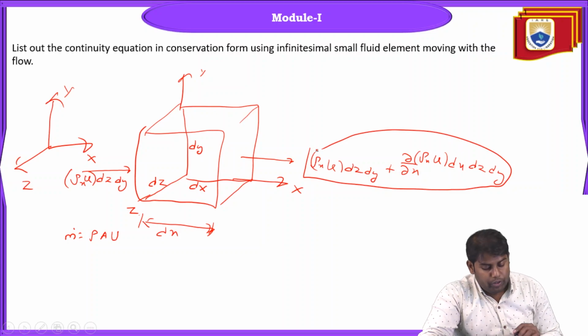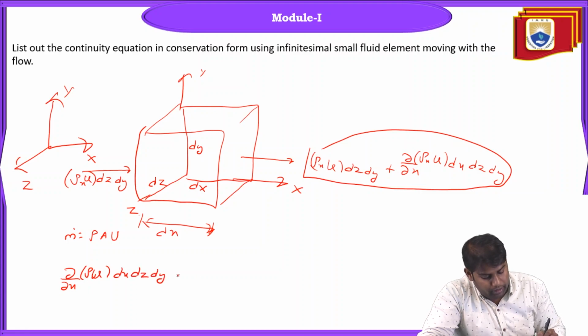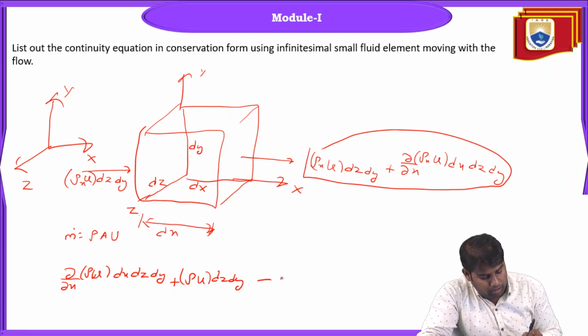Okay, so if you do the net, let's say if density is not changing along x, you can take simply rho u into dx dz dy plus rho u into dz dy minus rho u into dz dy.